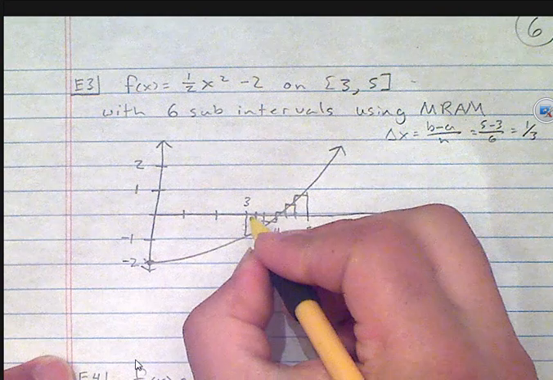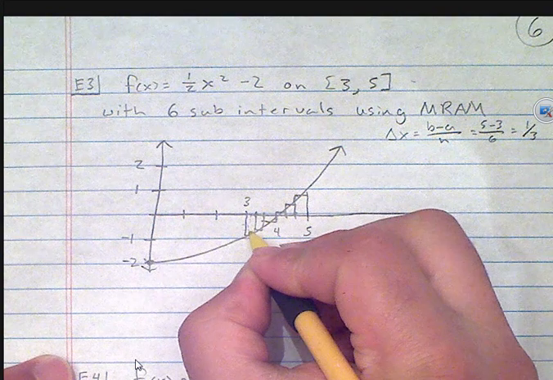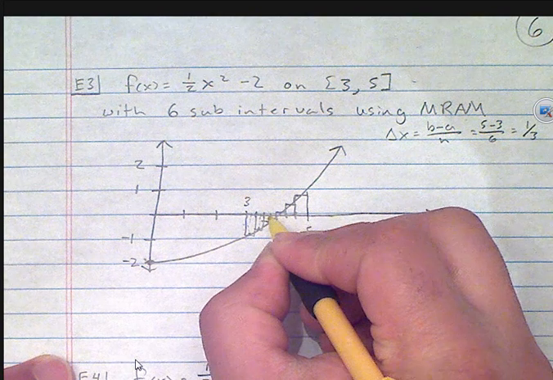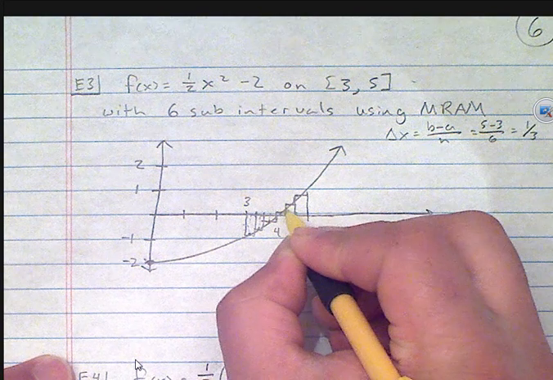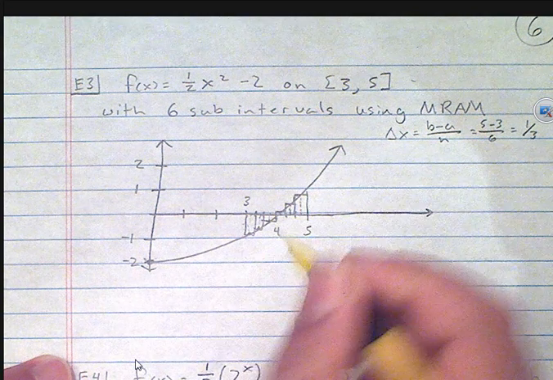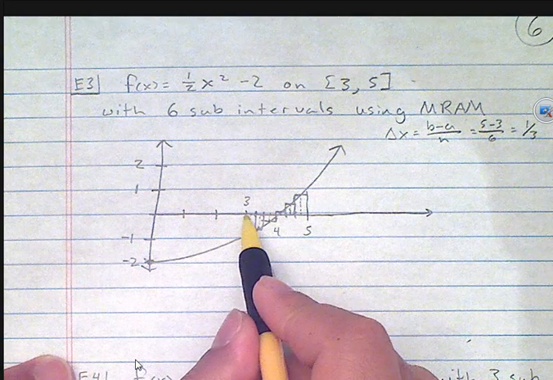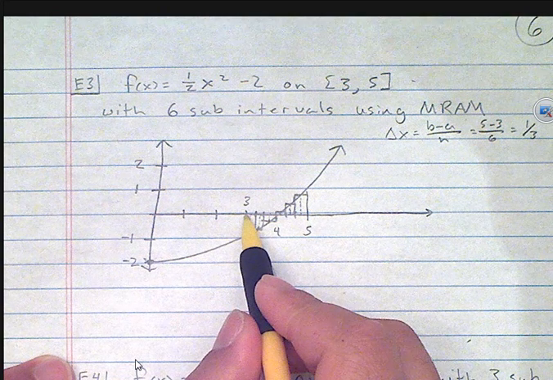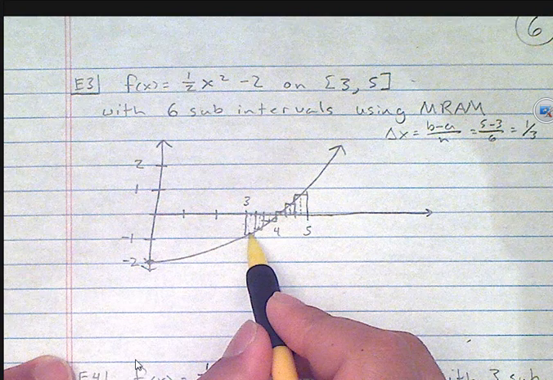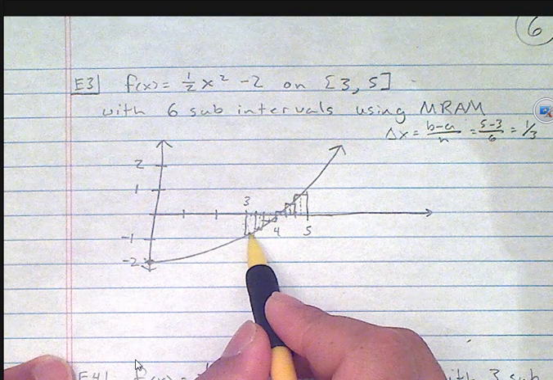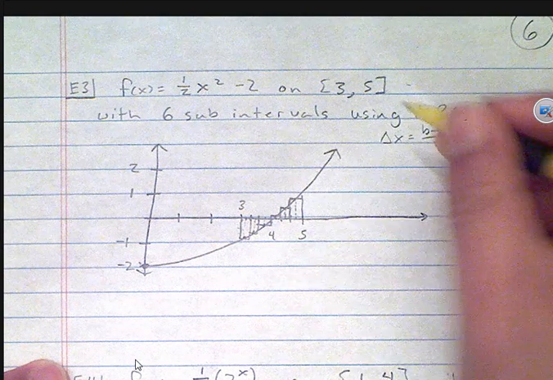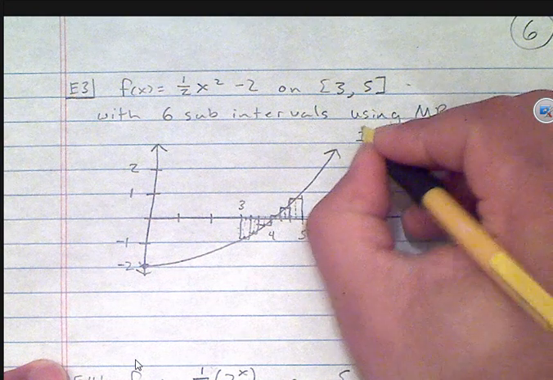Now, normally we'd have to figure out what those x values are if we're doing it the easy way. And it's kind of easy. You start at 3, and what's half of a third, which is 1/6. So this would be 3 and 1/6, and I would plug that in to find the point. But we don't have to if we have a formula. So that's step 1. Alright, let's just go through the steps.